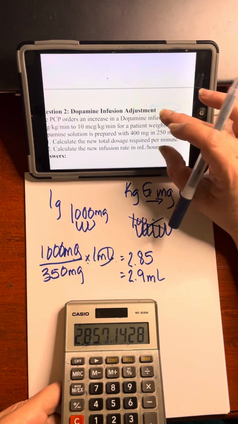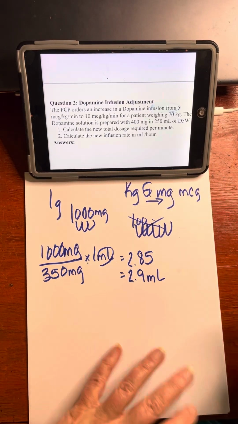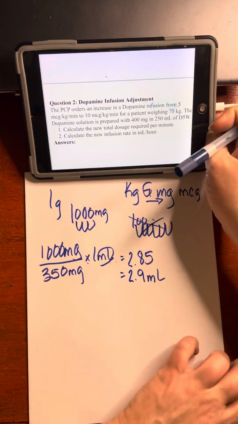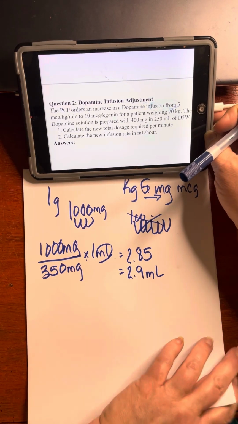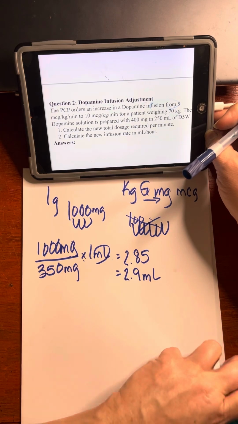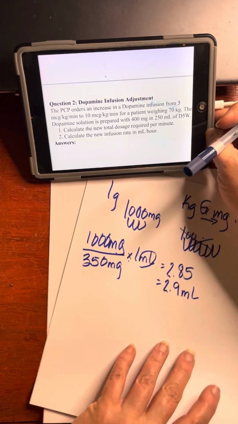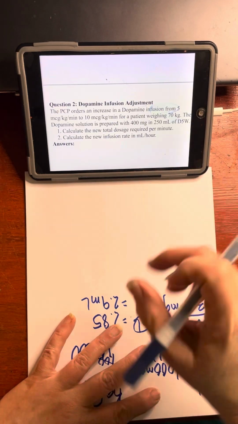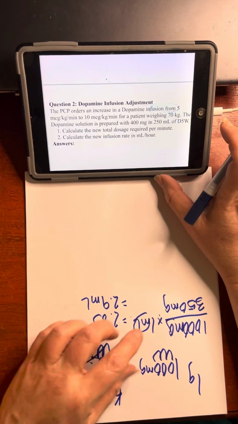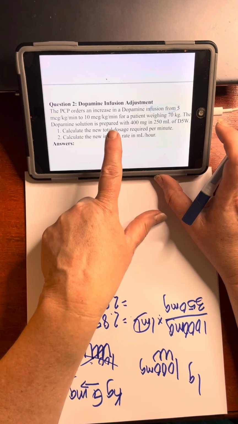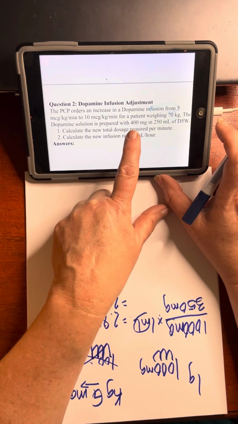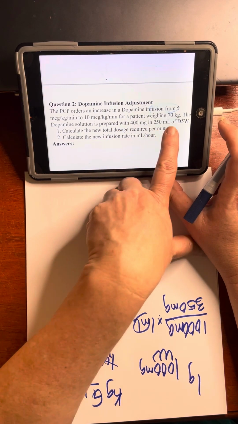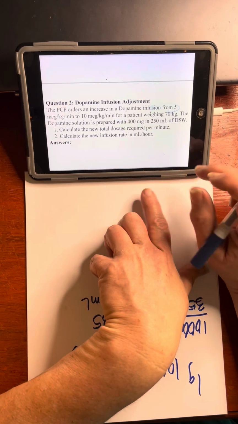Okay, let's do another one. The doctor orders an increase in a dopamine infusion from 5 micrograms per kilogram per minute to 10 micrograms per kilogram per minute for a patient weighing 70 kilograms.